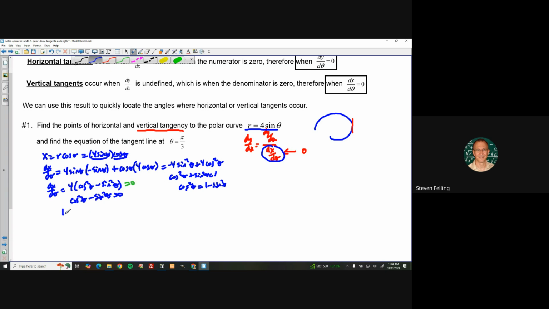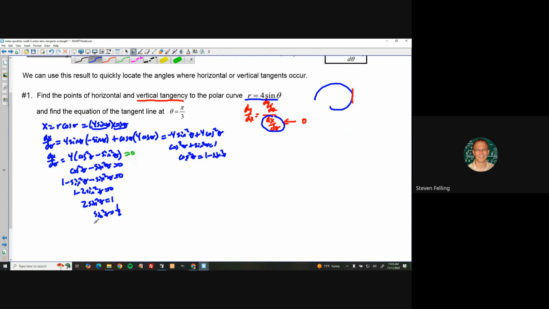We're going to replace this with 1 minus sine squared of theta minus another sine squared of theta equals 0. So that means we've got, let's see, 1 minus 2 sine squared of theta equals 0. If I move that to the other side and swap, I've got 2 sine squared of theta equals 1, or sine squared of theta equals 1/2, right?